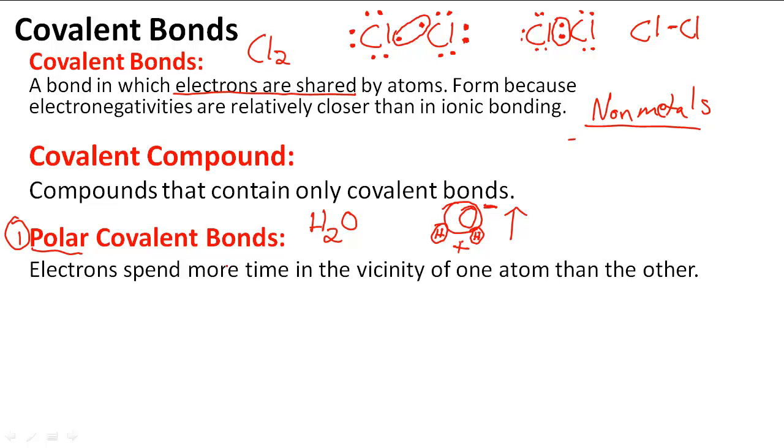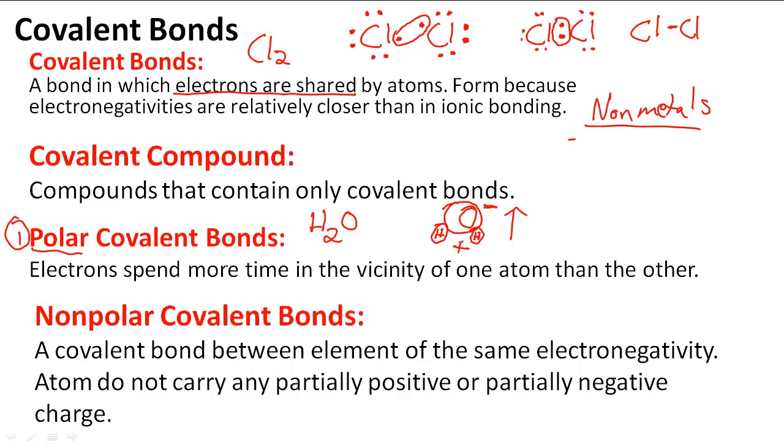As you can probably think, what's coming up next is nonpolar covalent bonds. These are a covalent bond between elements of the same electronegativity. The atoms do not carry any partial positive or any partial negative charge.